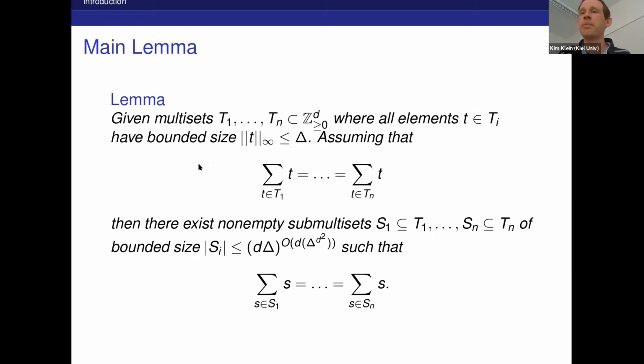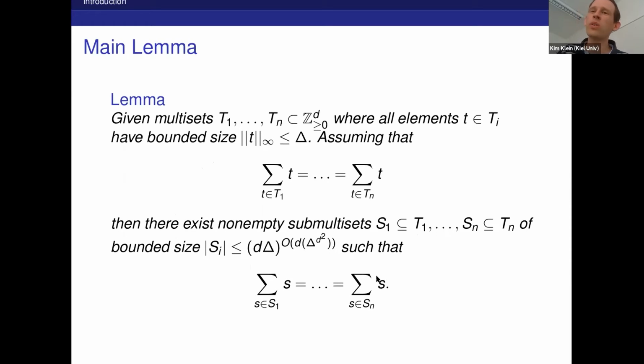And then the claim is that there always exist sub-multisets S1 to Sn of the Ti's, and the size of the sub-multisets is always bounded by a parameter depending on the dimension and the norm of the vectors, delta.